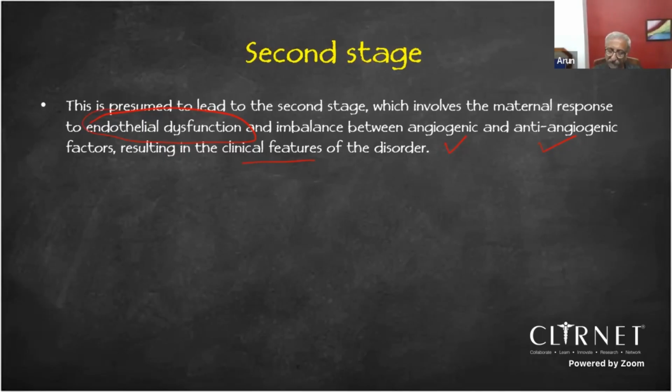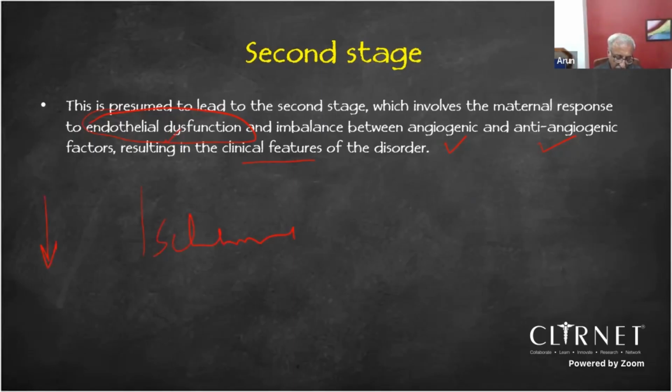Once there is less blood flow to the placenta or to the baby, there is ischemia of the placenta, and that leads to endothelial dysfunction. So it is ischemia, right?